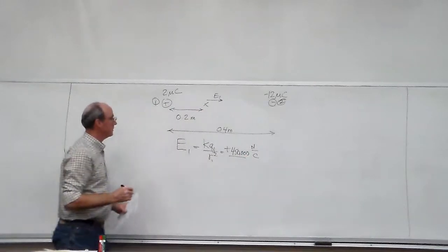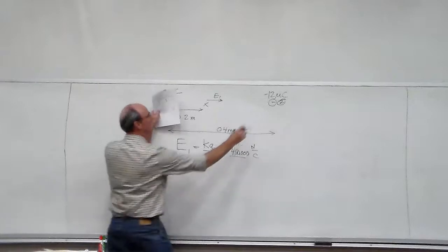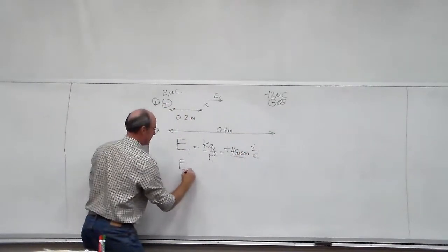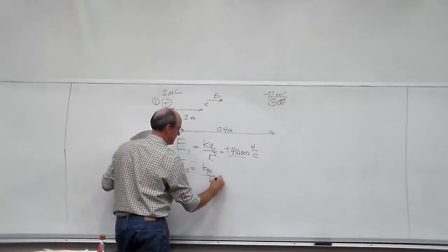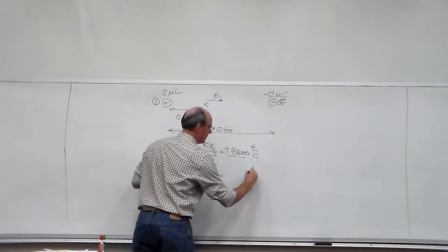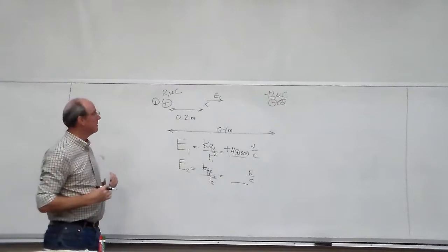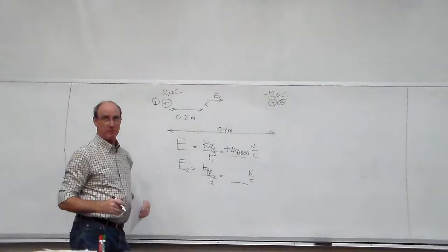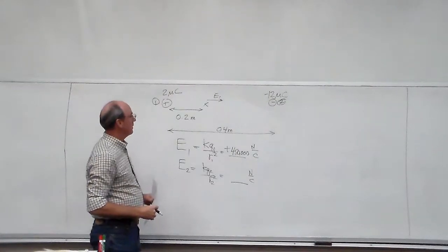Then we do the same exact thing with this being the source charge. In this case, what's the number? 270? Is the negative 12 an absolute value or no?